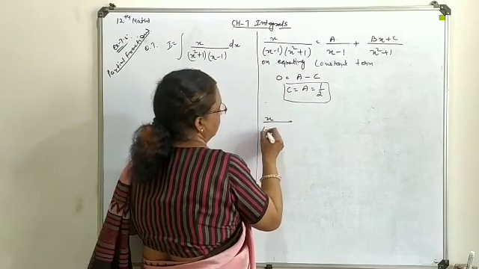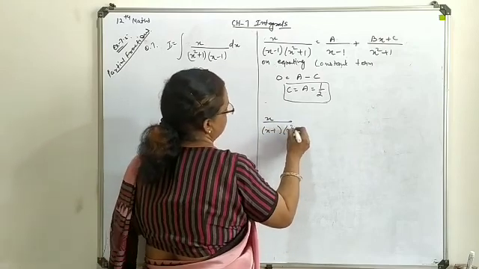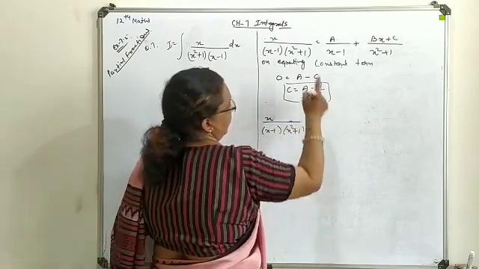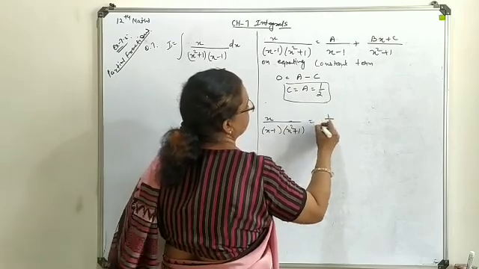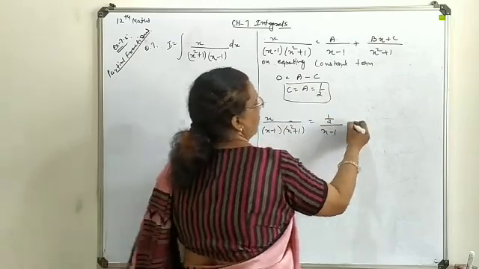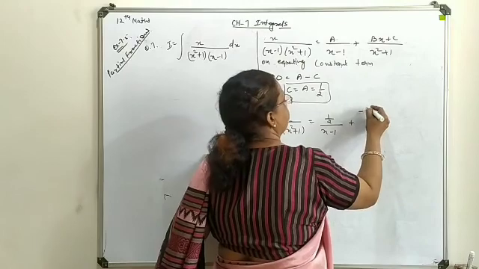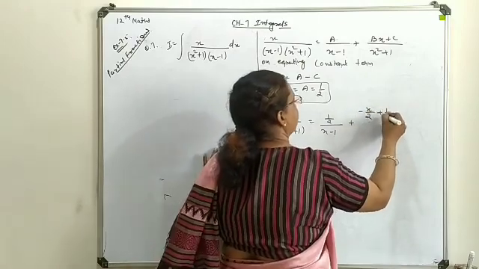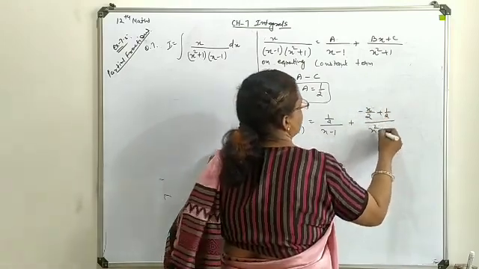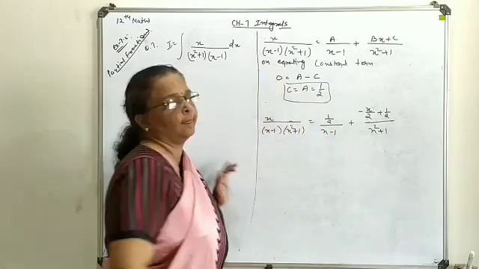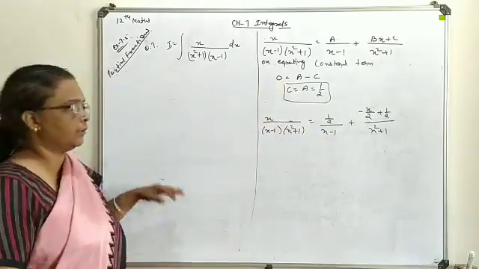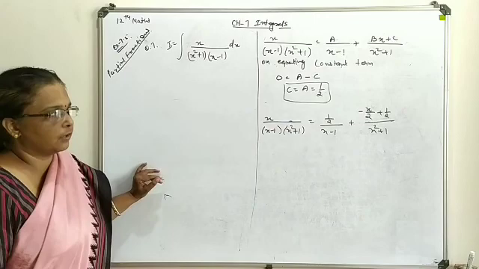Express your given expression as A means plus half, B was minus half, C is again plus half. So this is the term we have introduced after evaluating the constants.